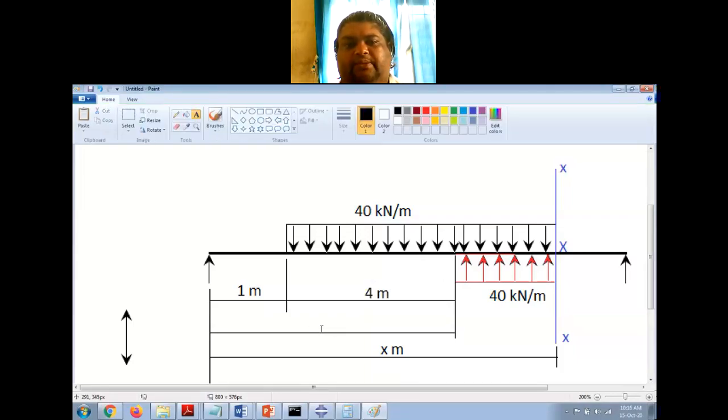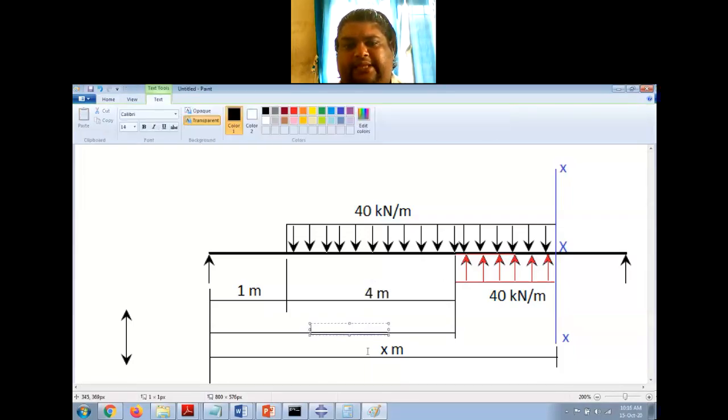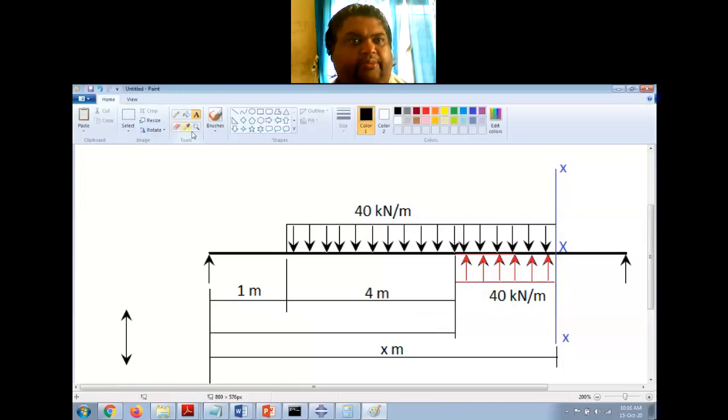right? Now what will be this length? This is x minus of, sorry, I need this length, right? I think I made a mistake there.